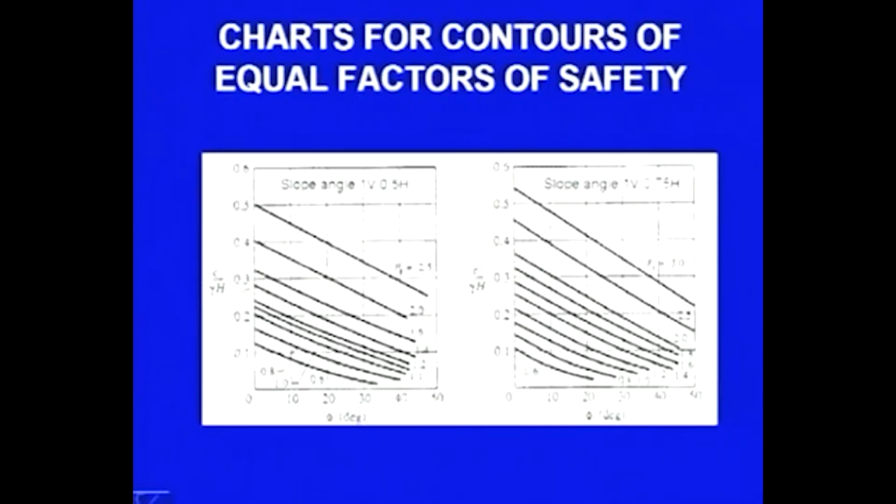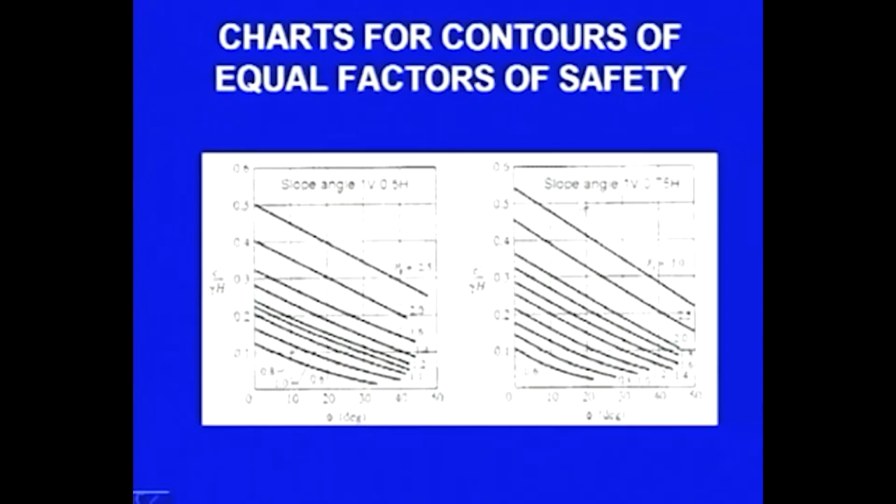So, one can have a relationship between c dash upon gamma h, phi dash, and here these are the different curves for different factors of safety, 2.5 to 1.5, 1.4 and so on. For this particular slope angle, these quantities factor of safety, c dash, gamma, h and phi dash are connected using this chart. So, you can straightway get the values from here.